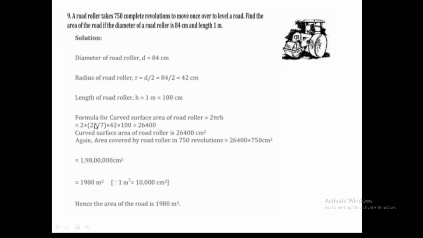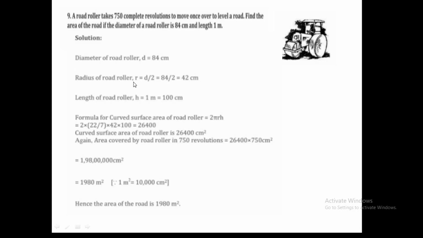Here one point you want to understand: the curved surface area of this cylinder, or this road roller, is the distance covered by the road roller on the road once, that is equal to 1 curved surface area.